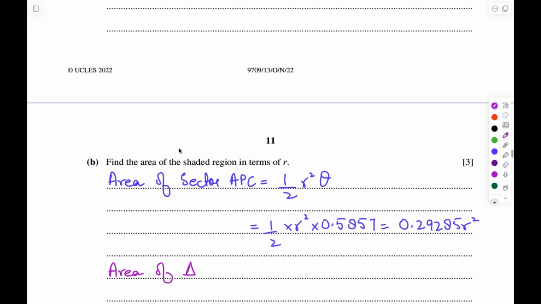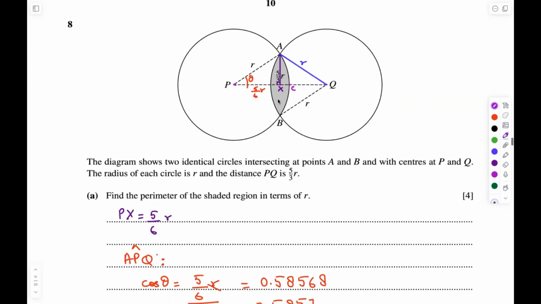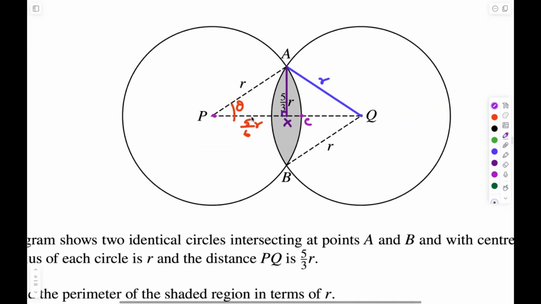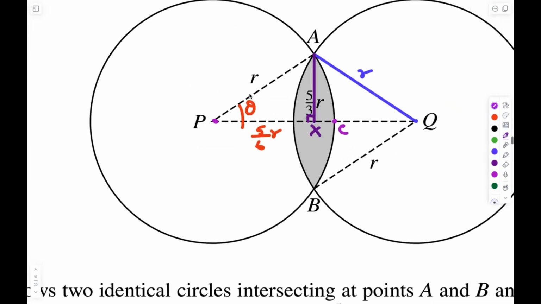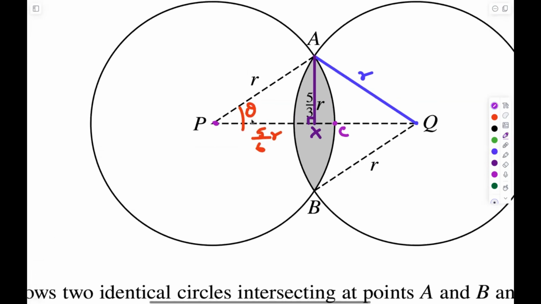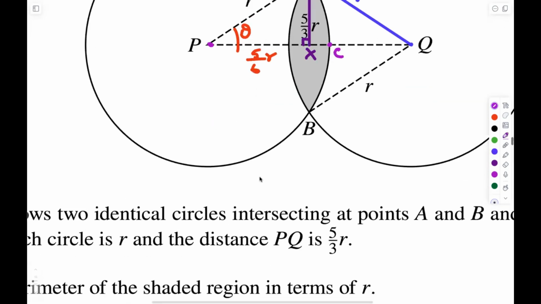The triangle is the triangle APX. We have the two lengths R and 5/6 R, and the angle theta, which is 0.5857.